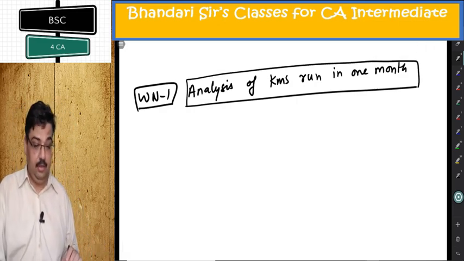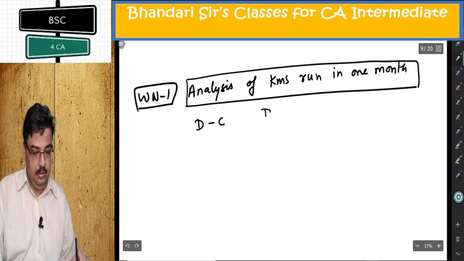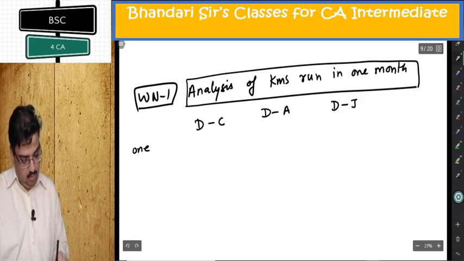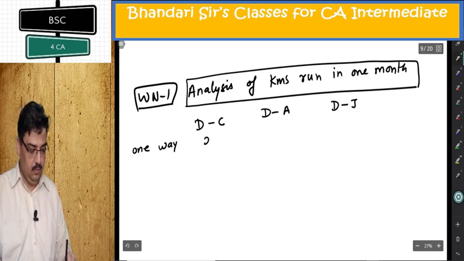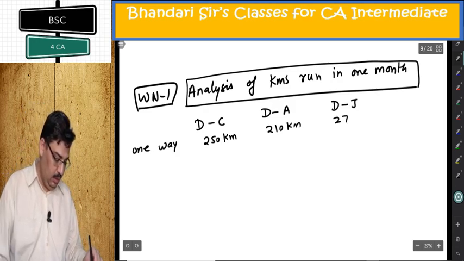Let us concentrate. Delhi to Chandigarh, Delhi to Agra, Delhi to Jaipur. One way, 250 kilometer, 210 kilometer, 270 kilometer.